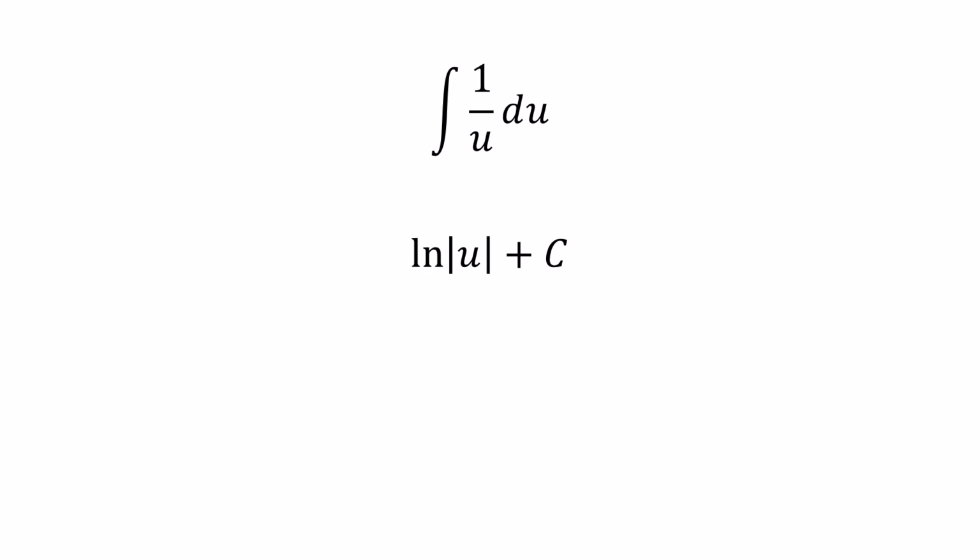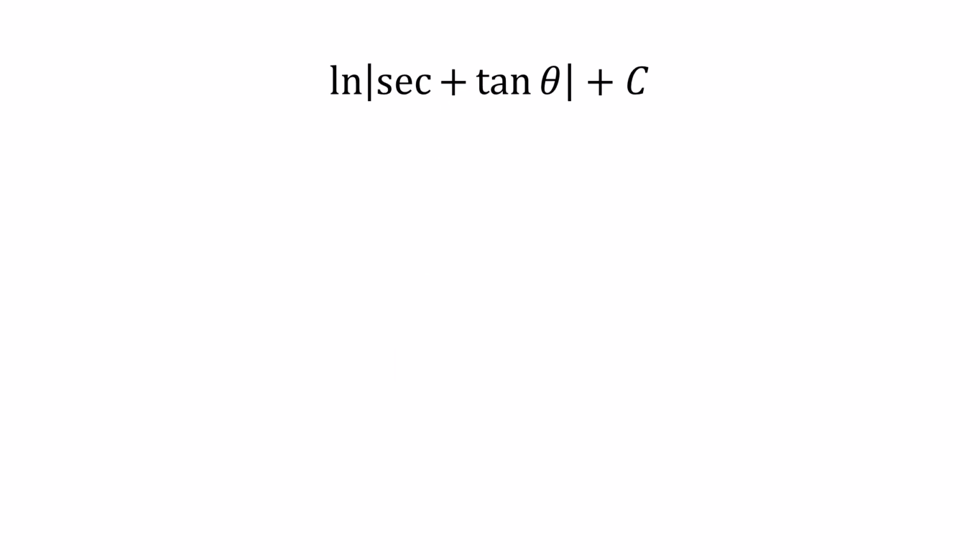Back substituting, we arrive at ln absolute value of secant of theta plus tangent of theta plus c. Next, we draw the triangle for our substitution.